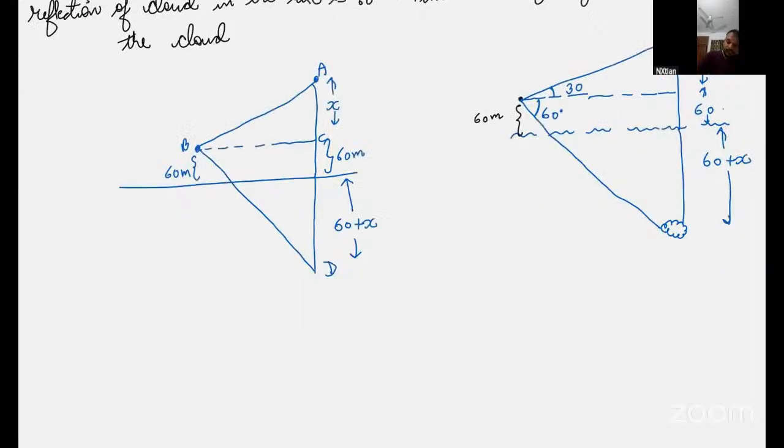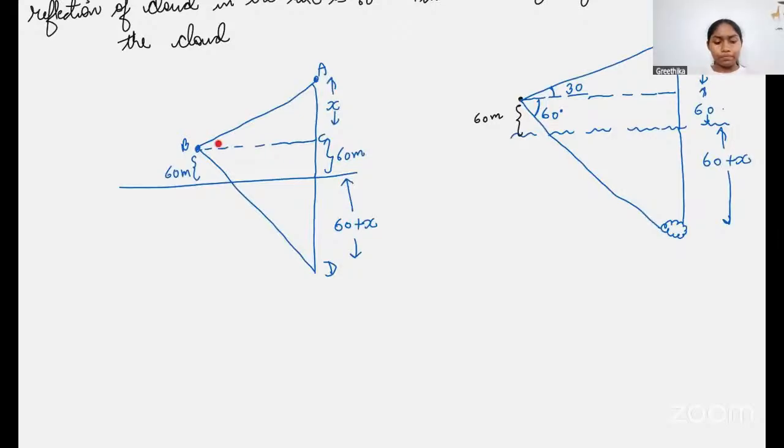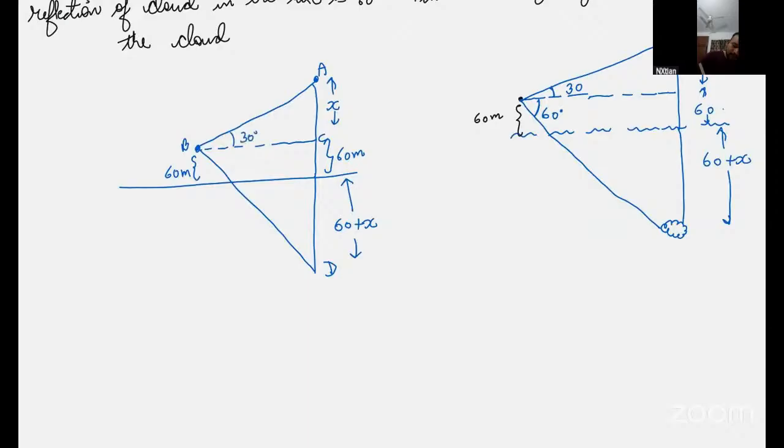Okay. So we have these values. This is 30 meters and this one is 60 meters. Now, Godwin, please unmute your mic and tell me which two triangles you will take. Yes, sir.